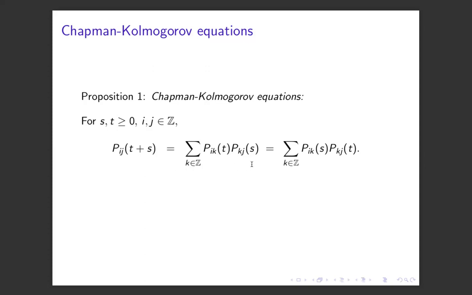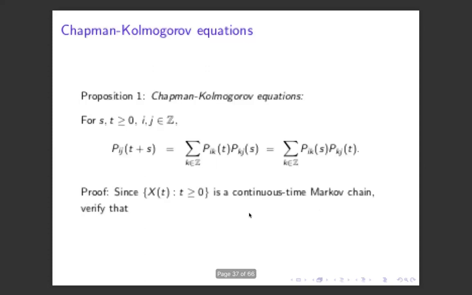This is pretty obvious if you try to draw some kind of sample path. All the paths which start from i at time 0 have to reach j at t plus s. Therefore, at the intermediate time point, they will have to go through some point in Z. Intuitively, it's very obvious. Even the proof is very simple.